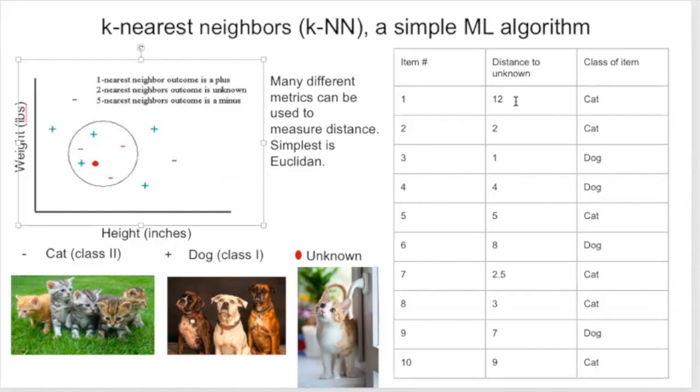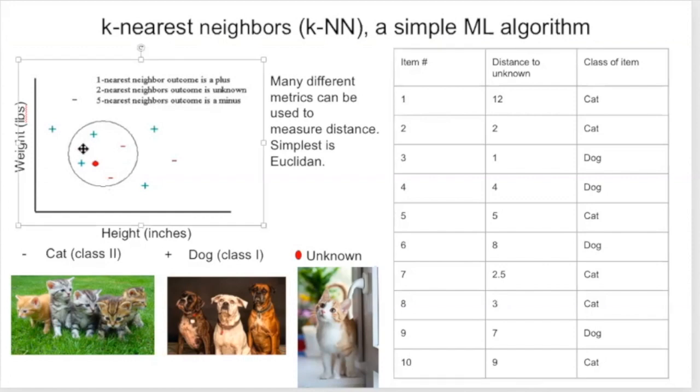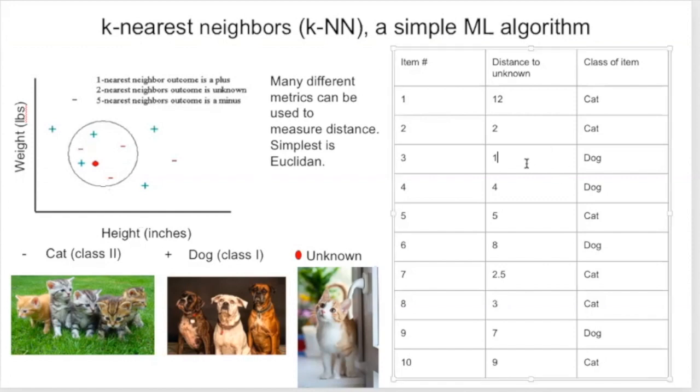And you make a table out of them, right? So item number 1, most likely maybe this point, or the nearest one looks like a plus sign, right? So that might be item number 3, this plus sign, and the distance is, say, 1 centimeter.